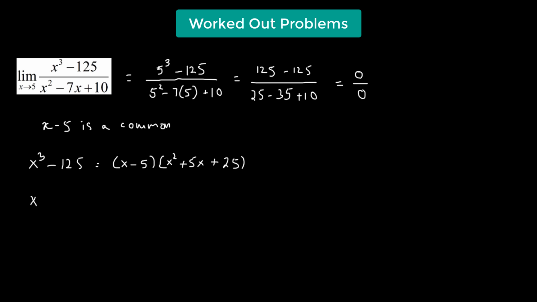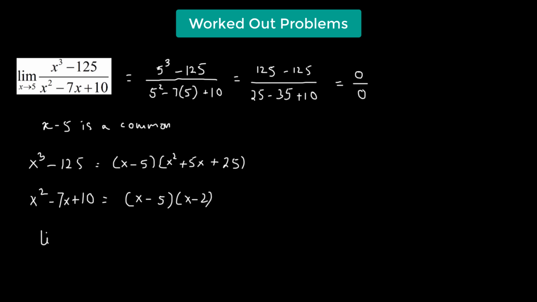Similarly, we are going to factorize x squared minus 7x plus 10. Here, we can straight away factorize it. Since this is a quadratic polynomial, we can factorize it by splitting the middle terms, and that will be equal to x minus 5 times x minus 2.